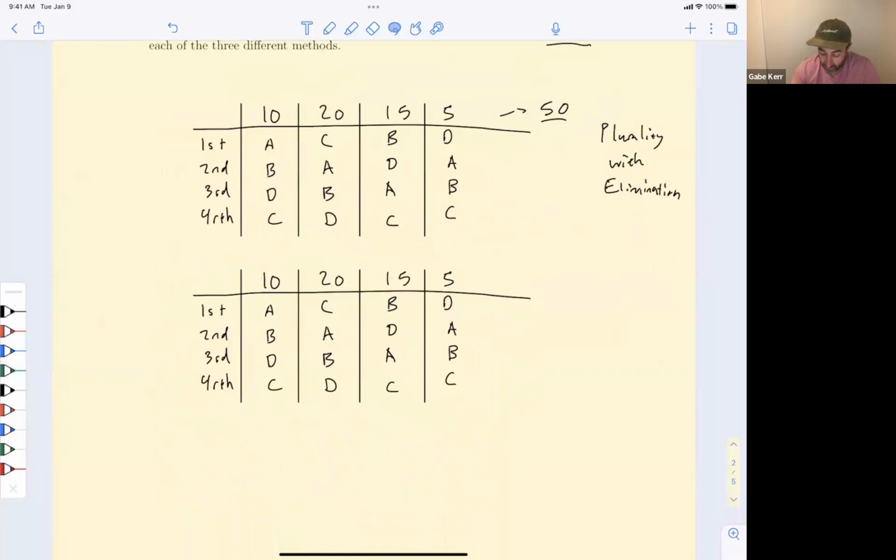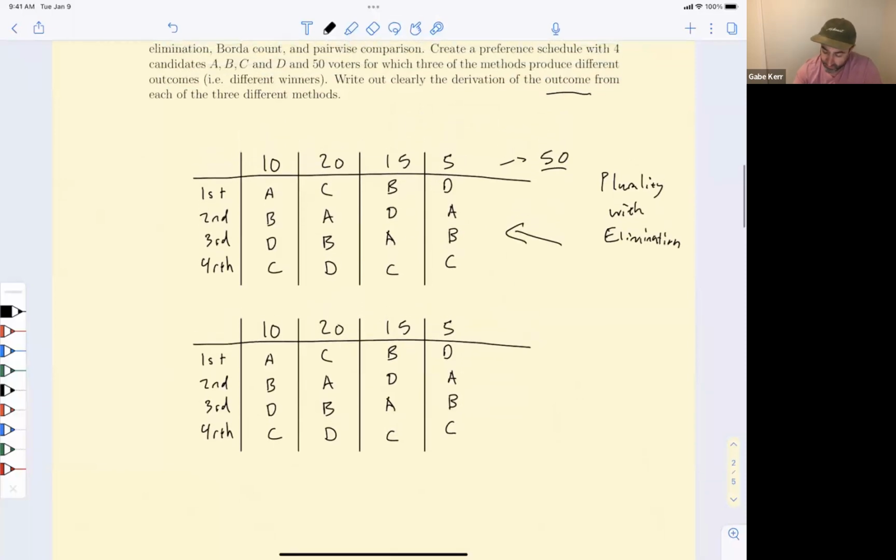Your loser, for plurality, is going to be the person who gets the lowest amount of first place votes. So who has the lowest amount of first place votes for this schedule? D. So we say D loses.